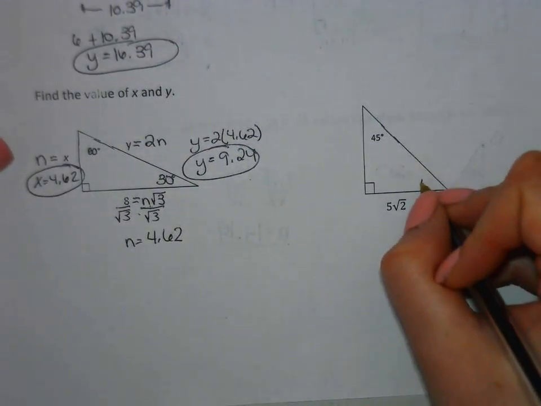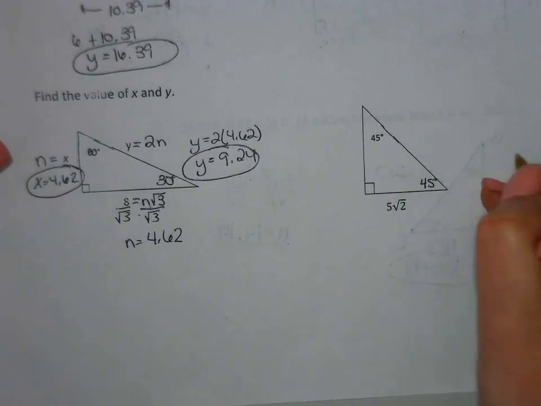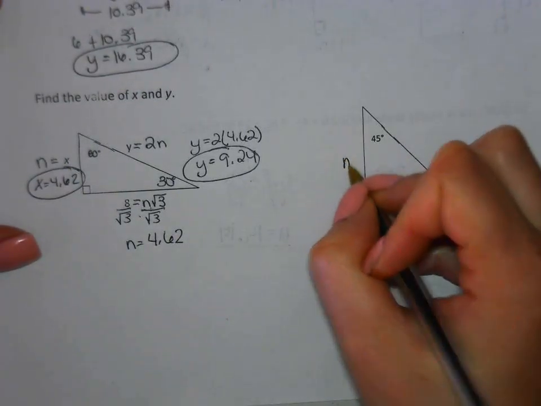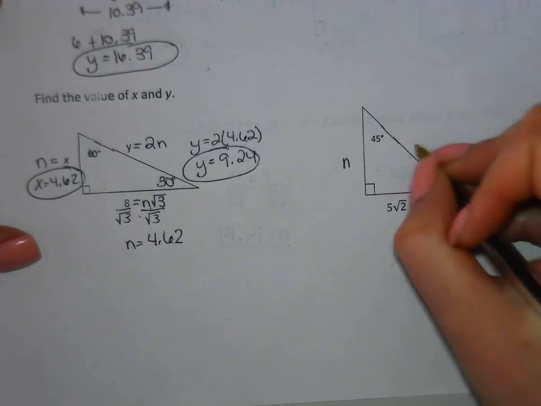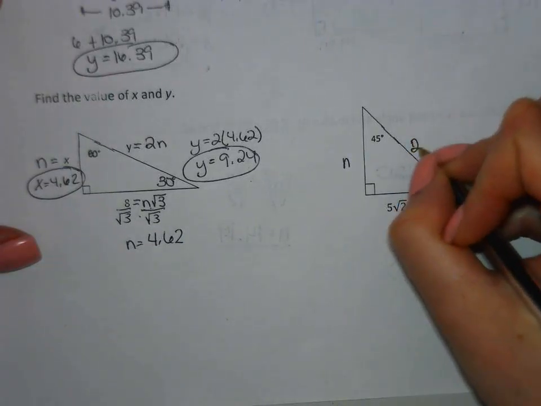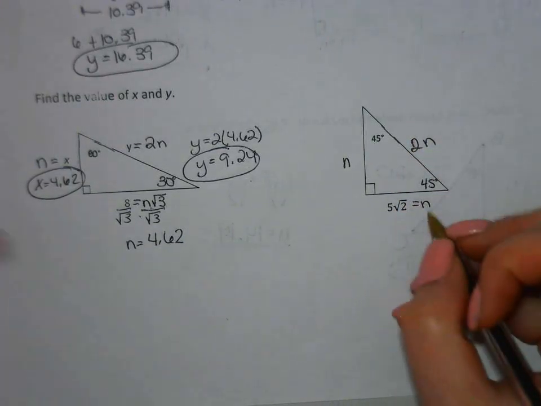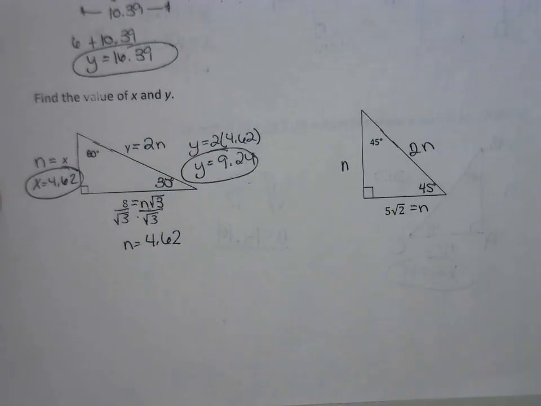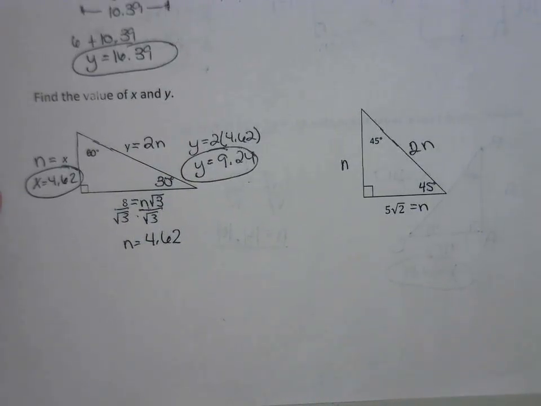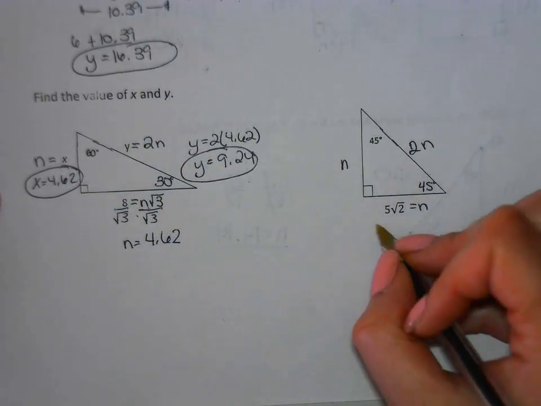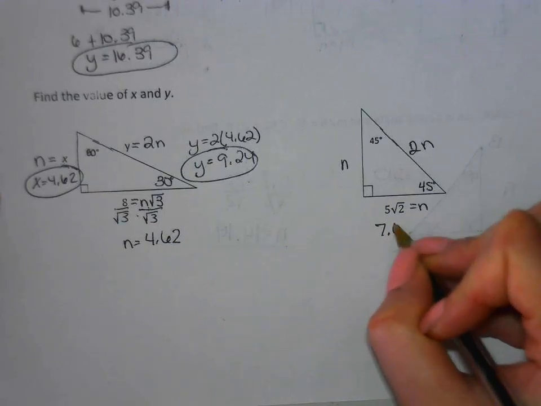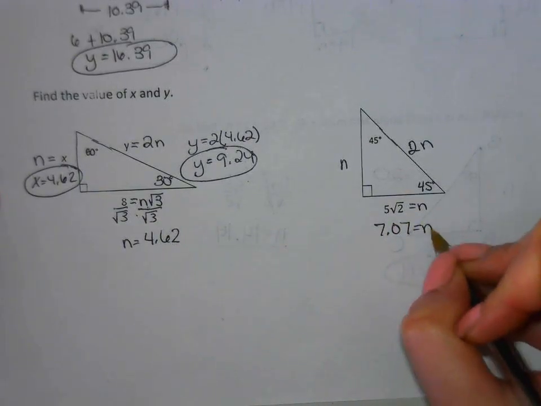Last one, we have a 45, 45, 90 triangle. So we have n, and then 2n. In order to find n, we have 5 square roots of 2. We're just going to simplify it down. We're not working with radicals yet. So n equals 7 and 7/100.